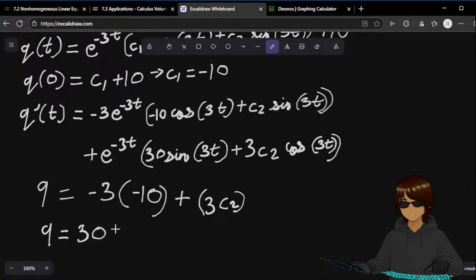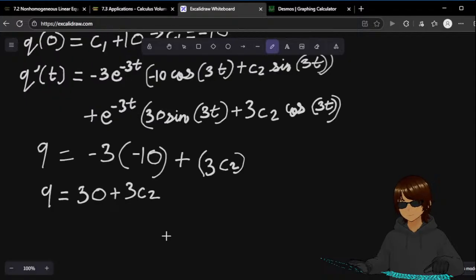This is 1. 30 plus 3C2. First we divide both sides by 3.